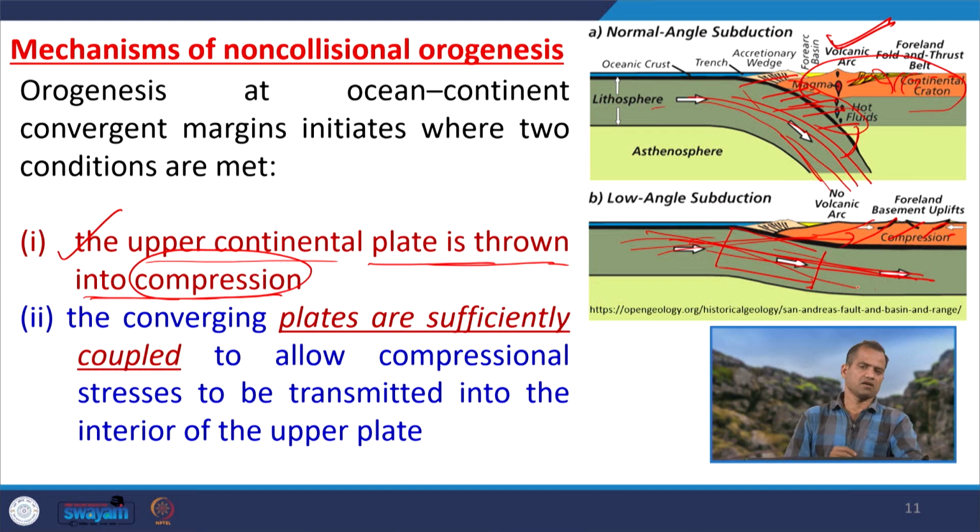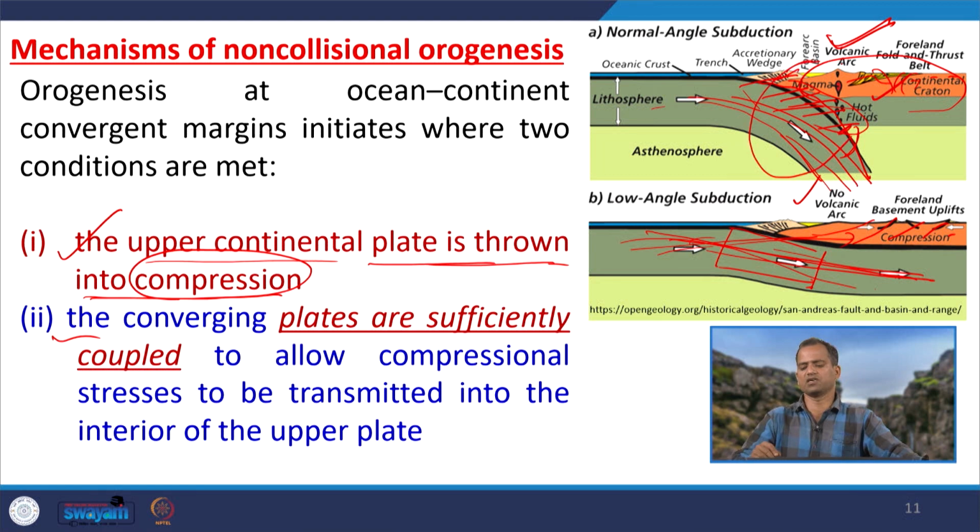The second point is that the converging plates are sufficiently coupled. For example, comparing the first figure and the second figure, here as the dip is very high, there will be very little interaction. That means, though these two plates are coupled here, the degree of coupling is less.